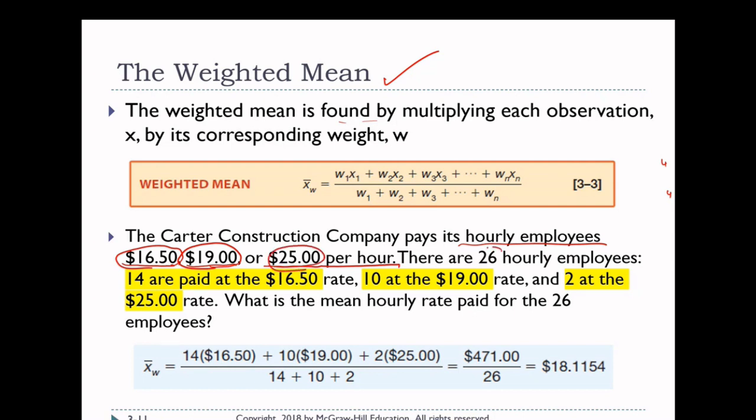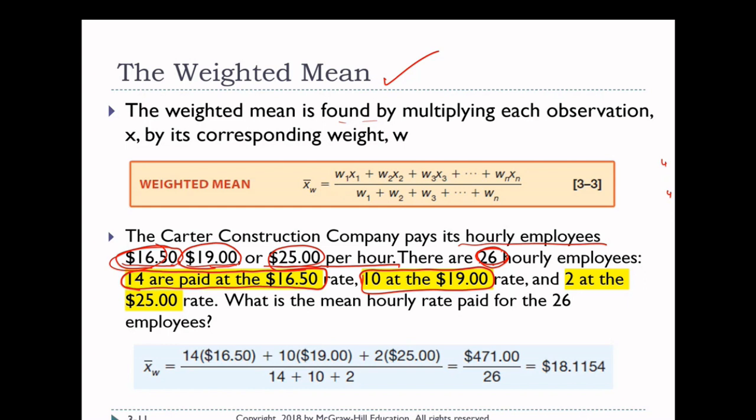They have a total of 26 employees. 14 are paid at $16.5, 10 employees are paid at the $19 rate, and 2 at the $25 rate. What is the mean hourly rate for the 26 employees?